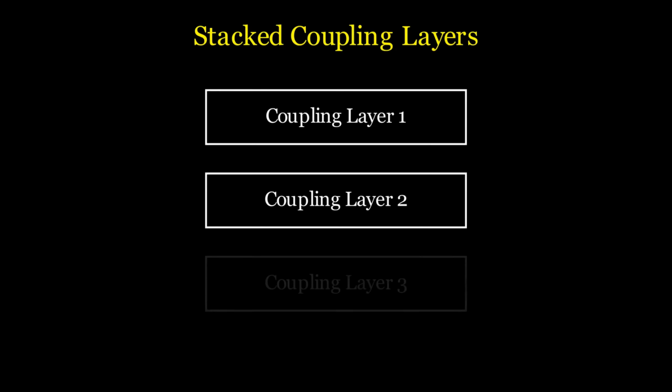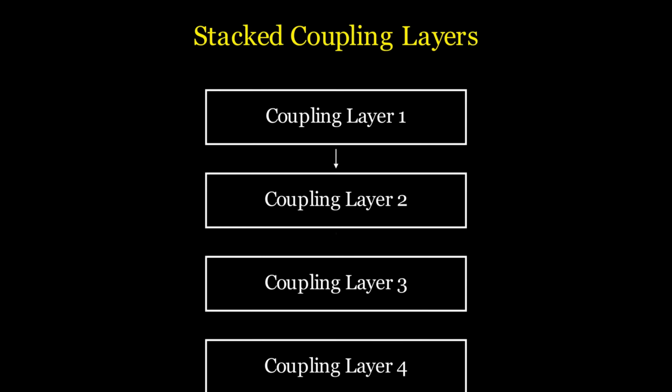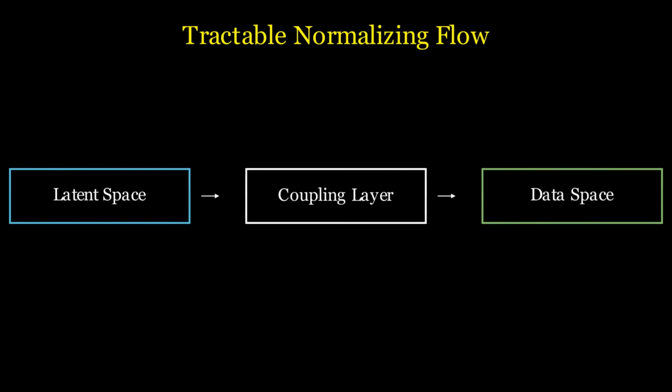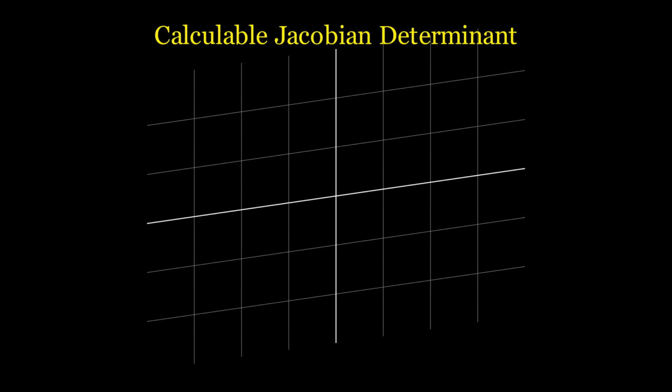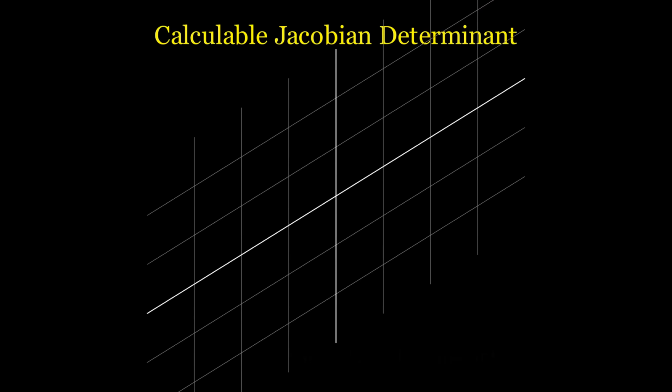We stack many coupling layers on top of each other and compress this data into a normal distribution. What we need is for the model to be tractable, so we can reverse the function to get an inverse function, so it has an inverse density function. The other thing is it needs a calculable Jacobian determinant, and this can be achieved through a lower triangular matrix. But I won't go in depth into it because it's more math heavy.